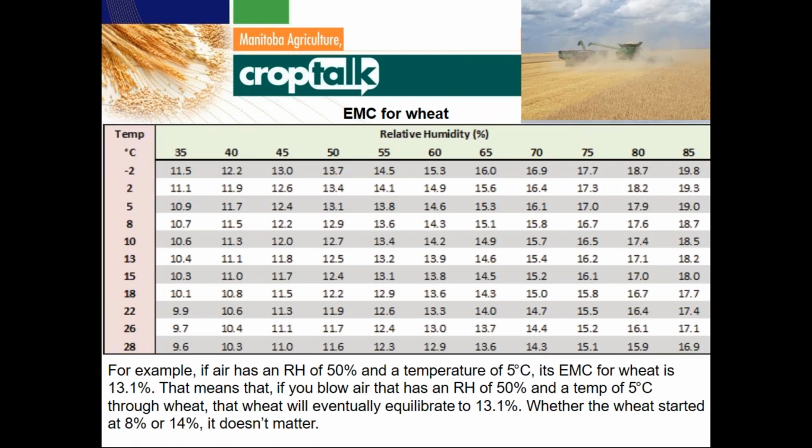So whether the wheat started at 8% moisture or started at 14% moisture, if you leave that fan running and it keeps pushing air through that bin at this humidity and this temperature, the moisture you'll end up at is 13.1. So you can use this chart to look at several different scenarios, for when you get the grain in the bin and you're starting to aerate it down.